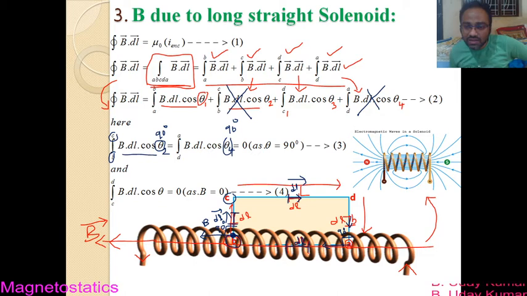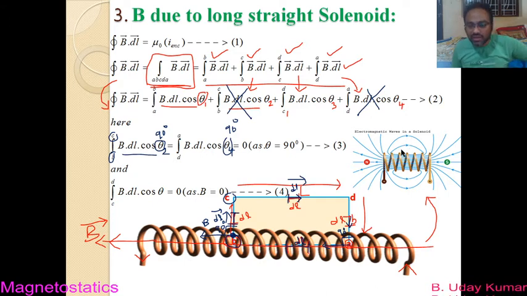Can you see this one? The magnetic lines of force are larger in number inside the solenoid, but outside the solenoid there are very few magnetic lines of force.